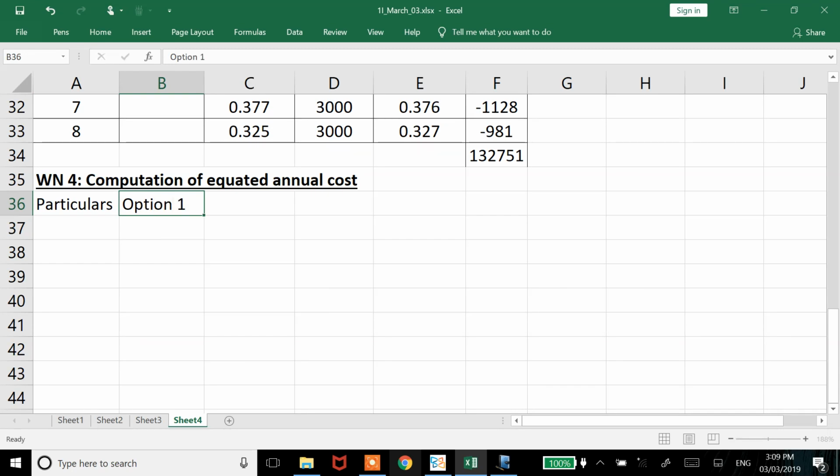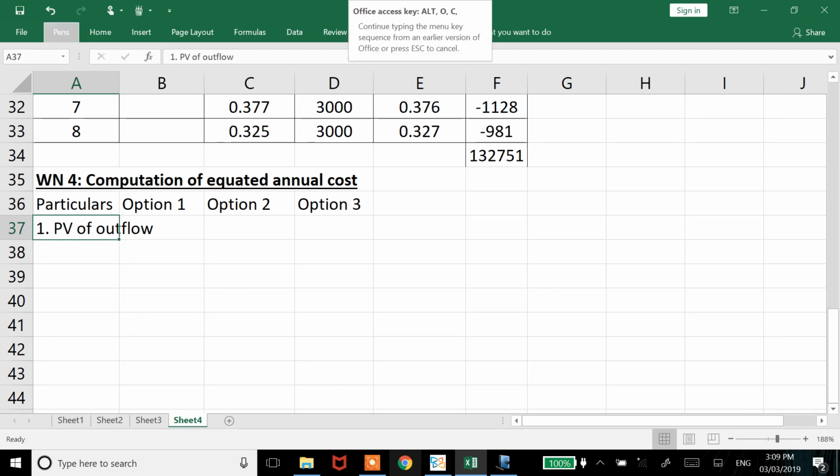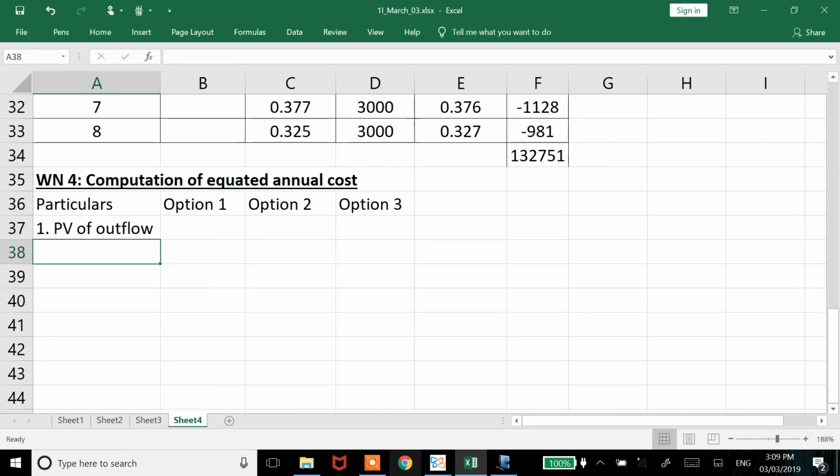Particulars, option 1, option 2 and option 3. PV of outflow, life, PVAF, EAC.